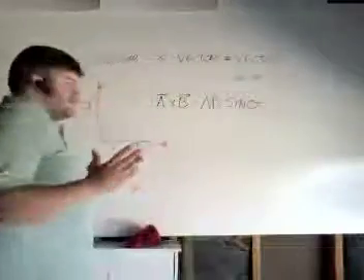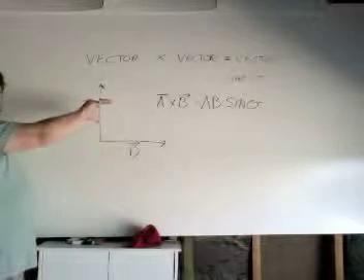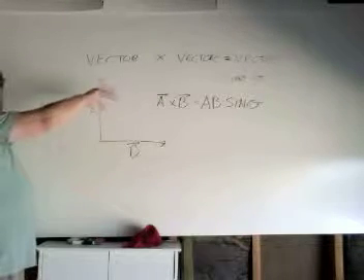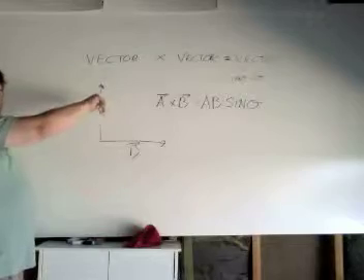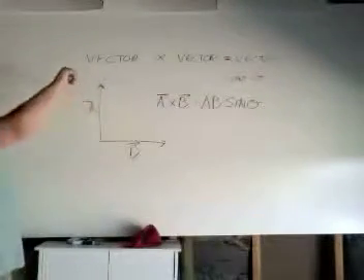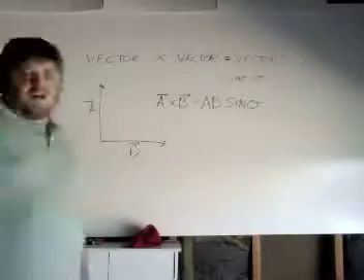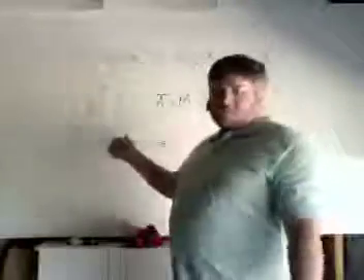So I'm going to have to move A to B. Okay, here's A to B. The thumb points in the direction of the last vector. Okay? So in this case, A cross B, Z goes into the board. Okay? That goes into the board.